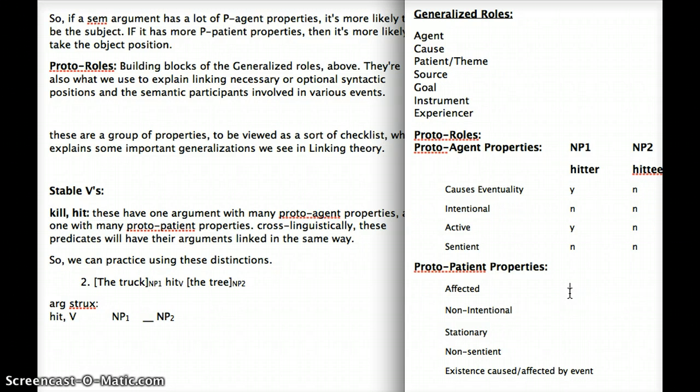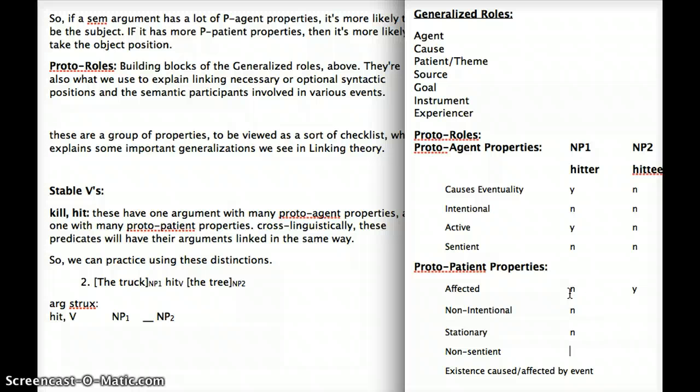The hitter is not affected, but the hittee is somehow affected. It's been hit. The hitter doesn't have to be intentional, and it doesn't have to be non-intentional. It's not necessarily stationary. In fact, it's crucially not stationary.